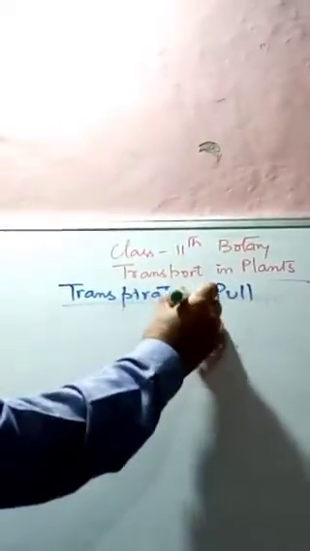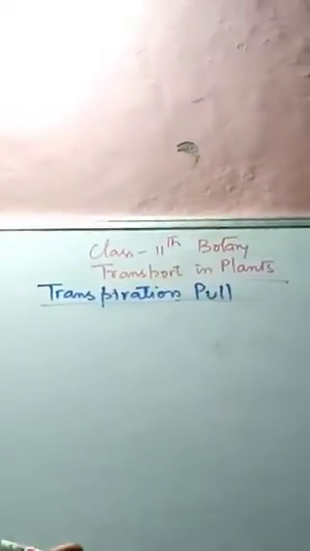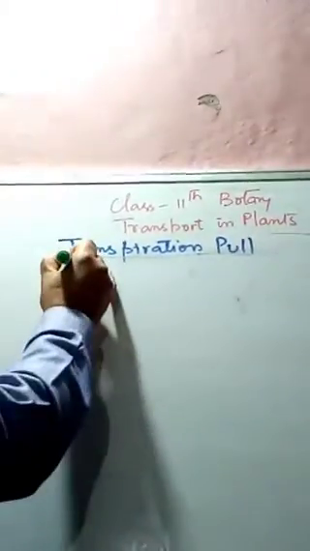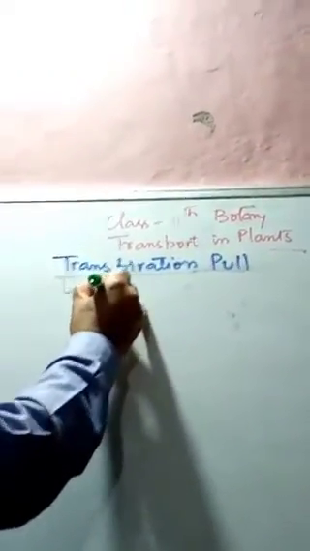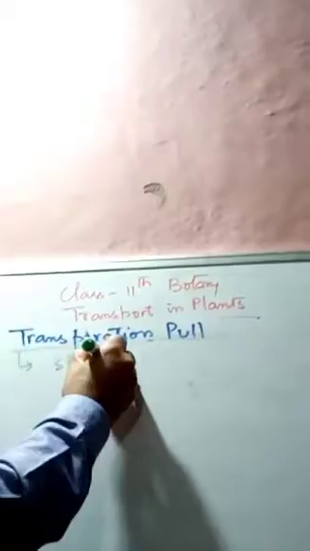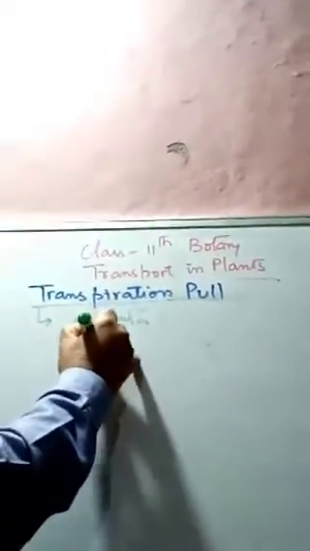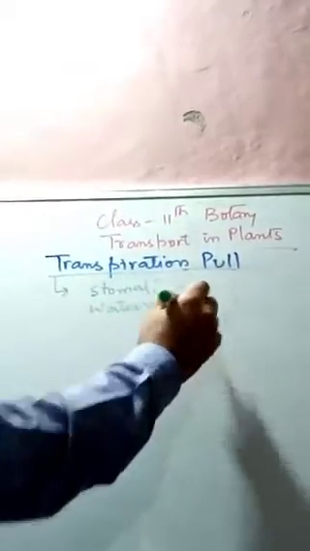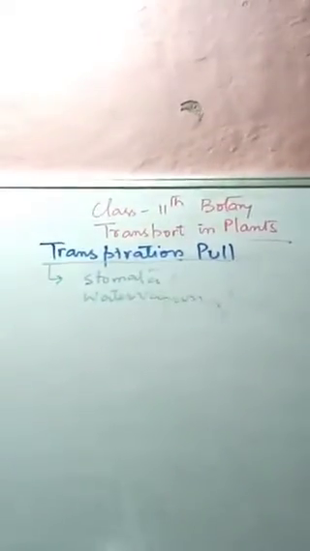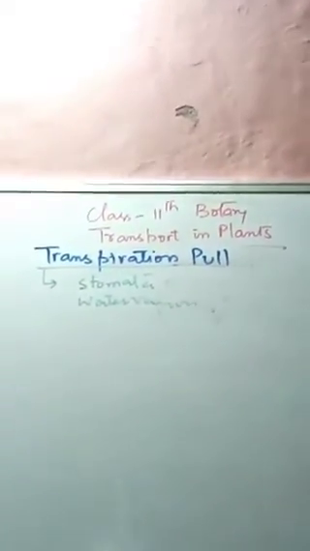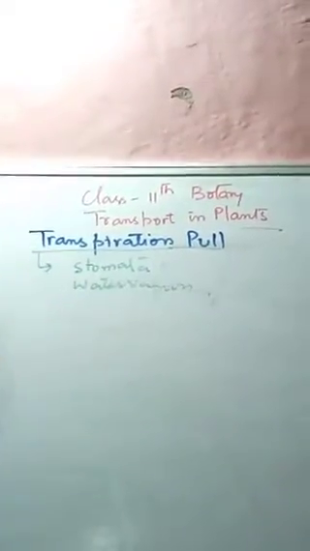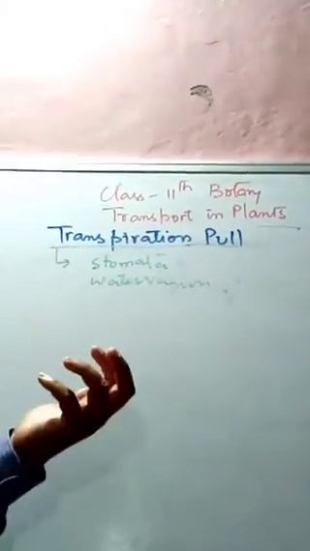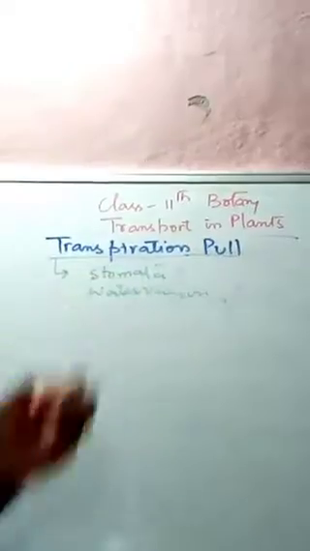Transpiration is the loss of water from the aerial parts of the plant through stomata in the form of water vapors. In guttation, water is lost in tiny droplets through hydathodes, but here water is lost in the form of water vapors through stomata.